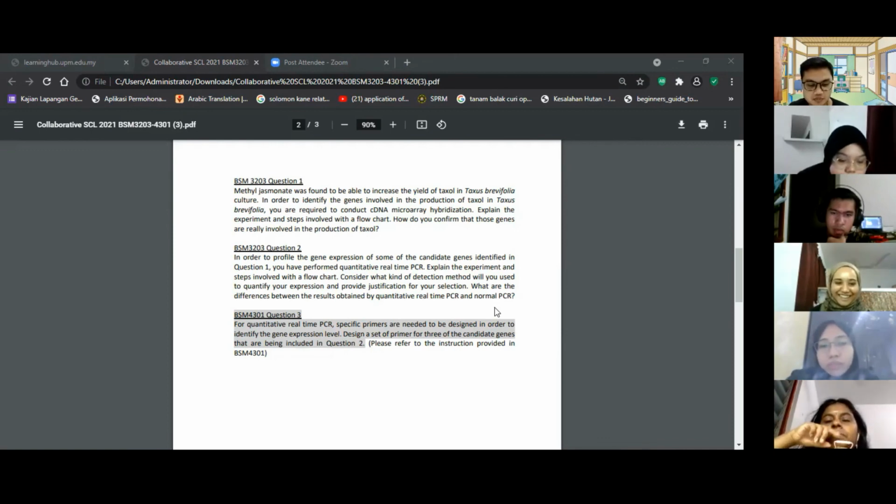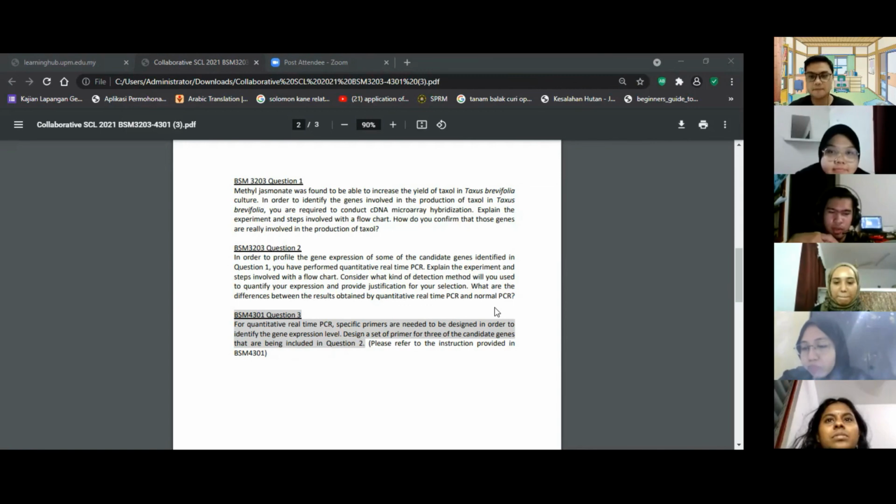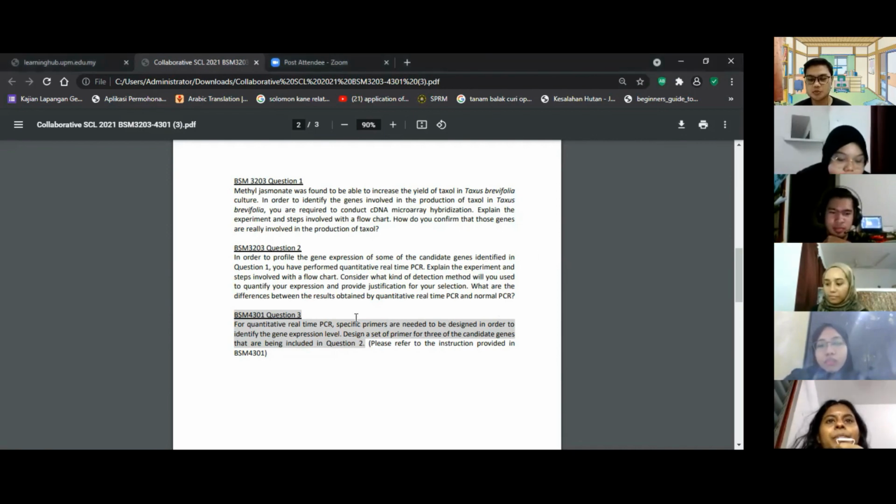RT-PCR can be observed in real time during the run, but normal PCR can't be observed in the process. So qRT-PCR is better. I think it depends on what we want to do.